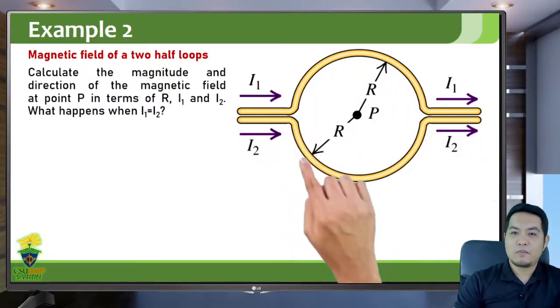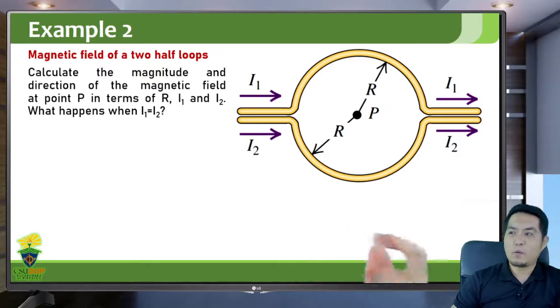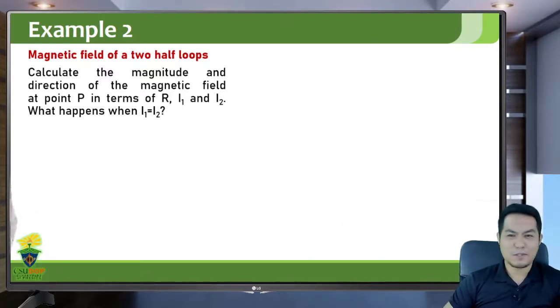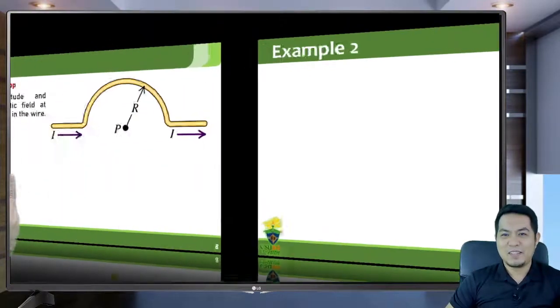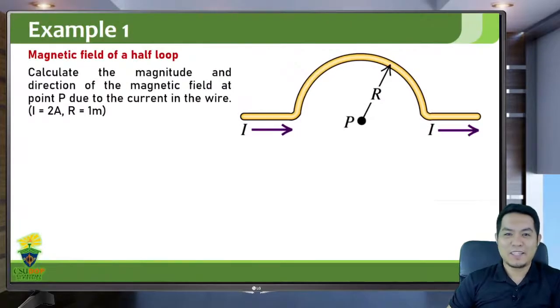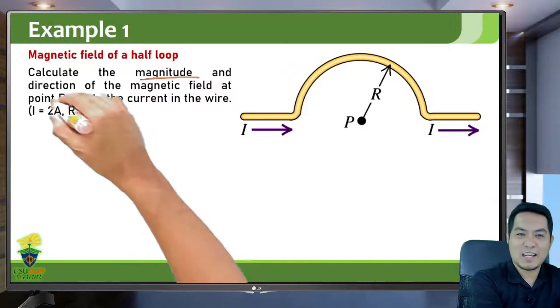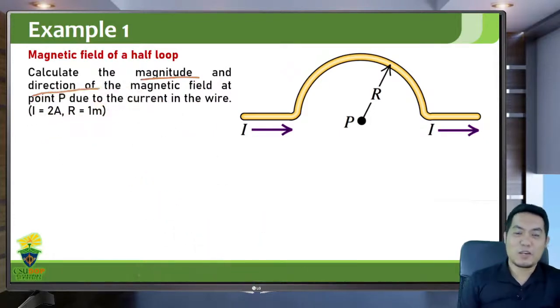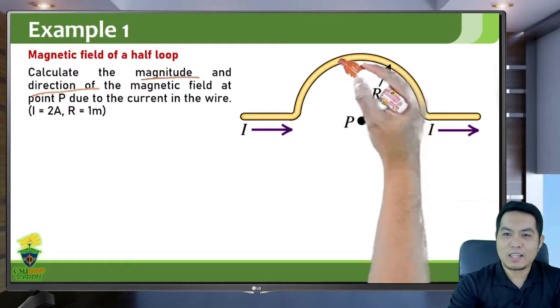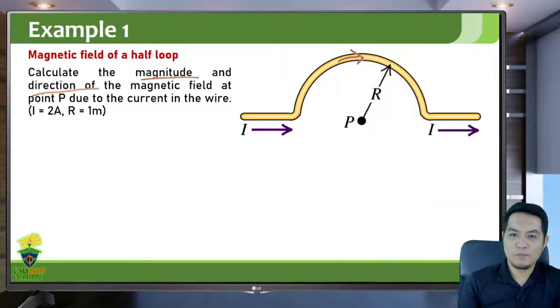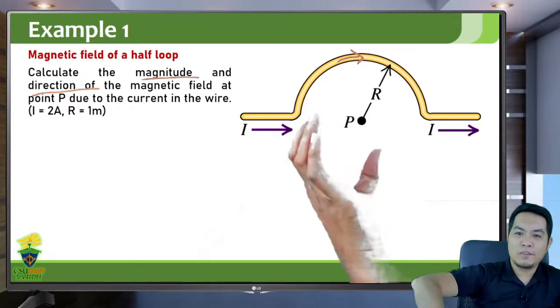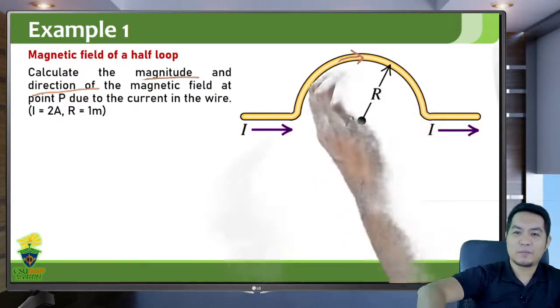Now, for the second half loop, by the way, we forgot to solve for the direction. Sorry. We are asked for the magnitude and the direction. Using that formula, you can solve for the magnitude. But how do you find the direction? The direction of the current here is in this direction, so your fingers are the direction of your current.